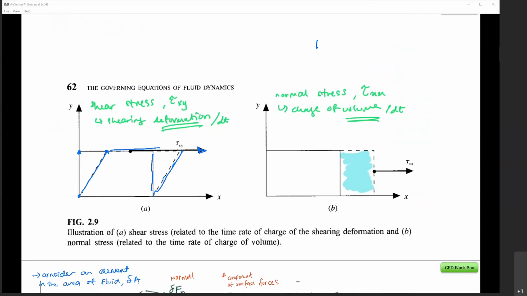Sometimes they use, for example, tau xy here. Sometimes for the normal stress, the literature will also use the same term, tau. But the difference is in the subscript, how it is used. For normal stress, the subscripts must be the same like this.